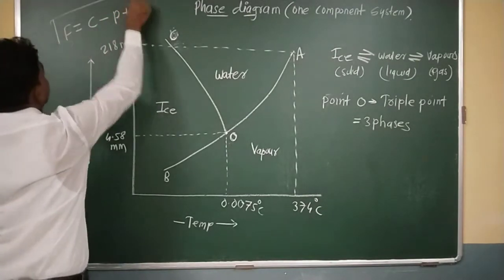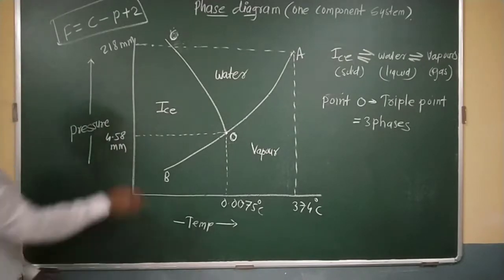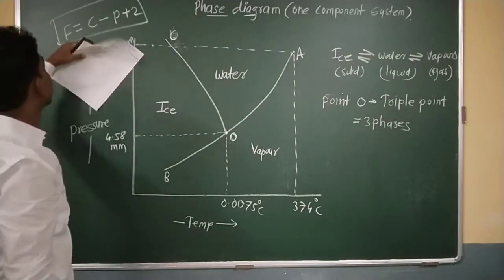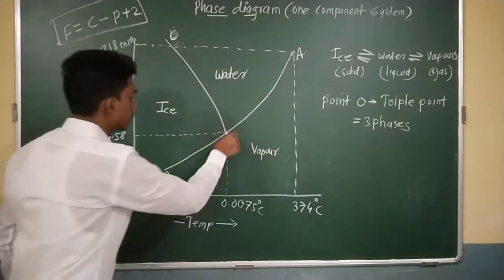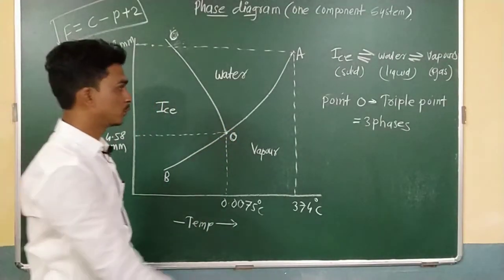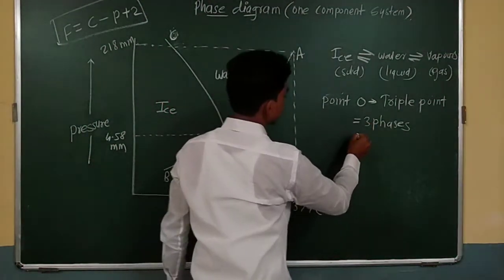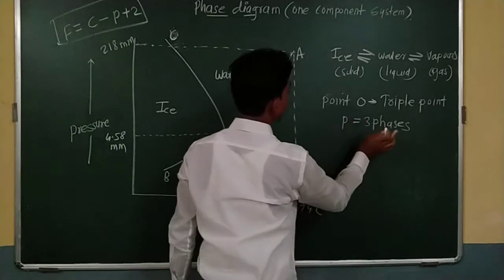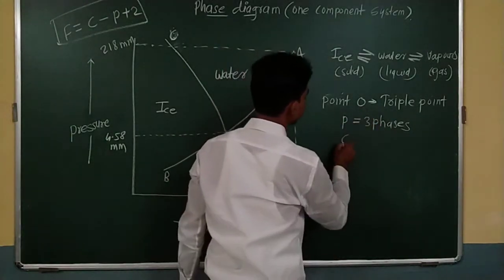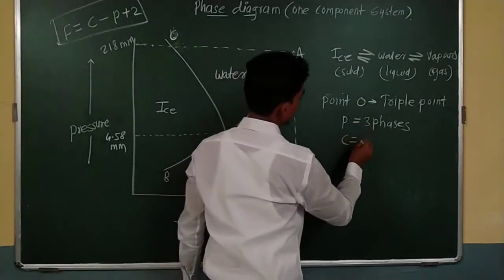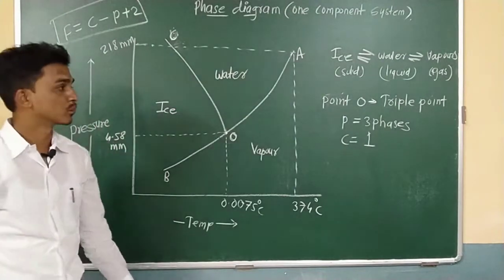This is the mathematical equation of the phase rule. From this we can predict how many degrees of freedom are present at this point O. I put in the values: P is 3, which means three phases are present, and C, the number of components, is 1.